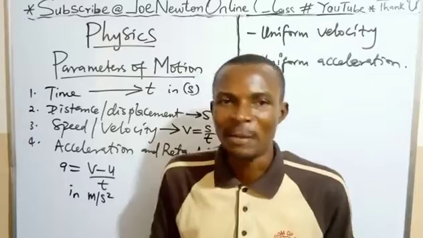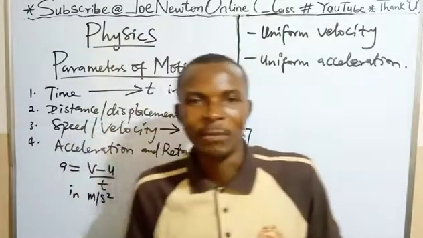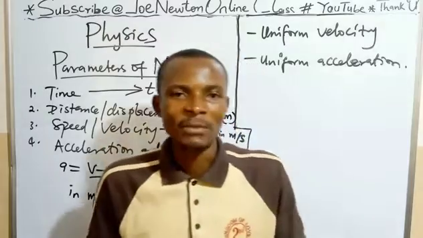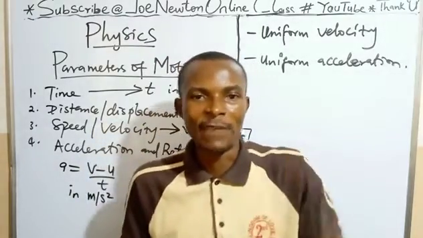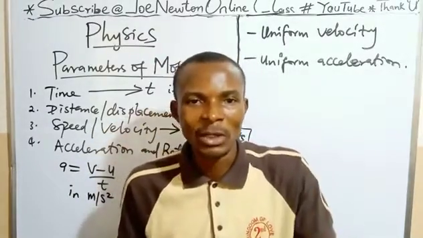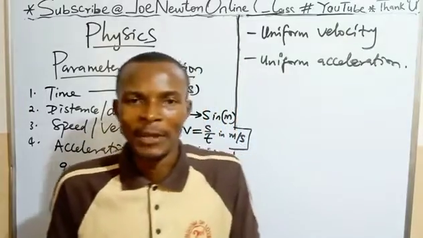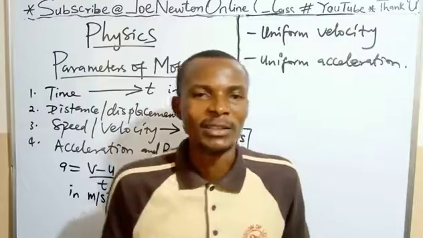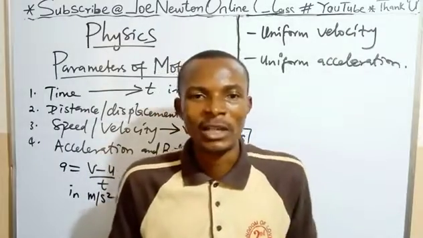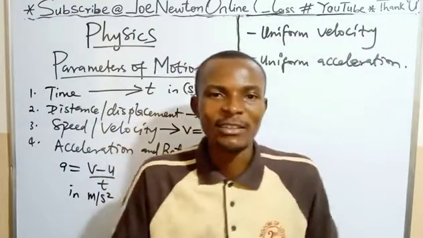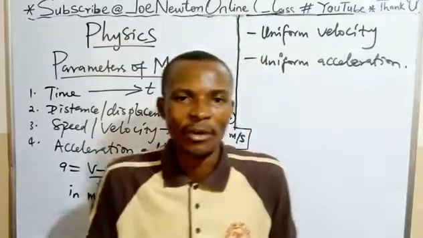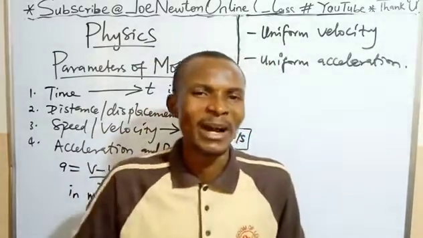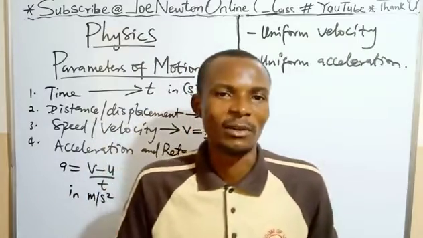For example, if the velocity of the body is maybe 5 meters per second, and that 5 meters per second increases by 5, next one 10 meters per second, and it takes the body every 10 seconds to cover that. So each 5 meters per second, it takes 10 seconds. In such a scenario of motion, we say that the body is traveling with uniform acceleration or constant acceleration.